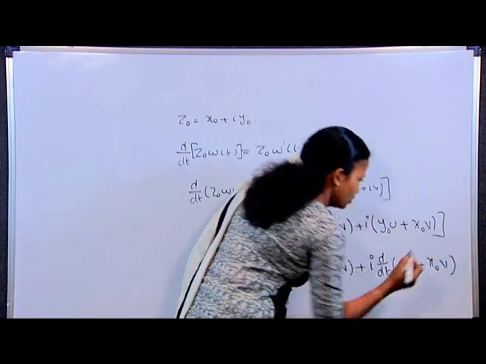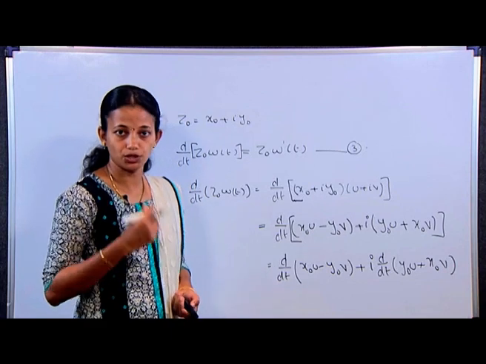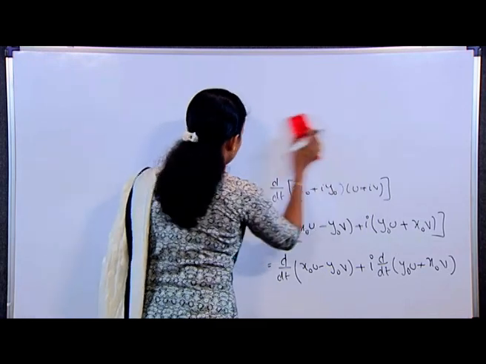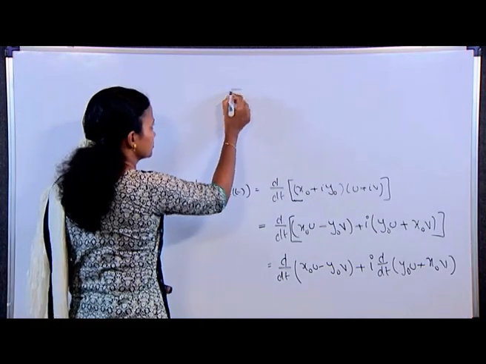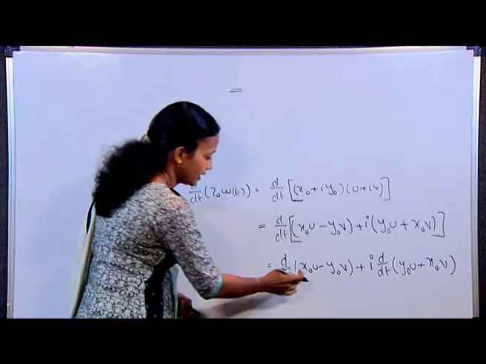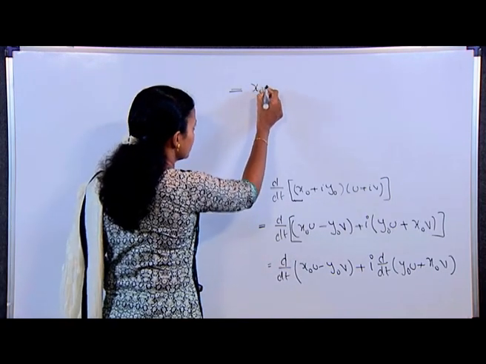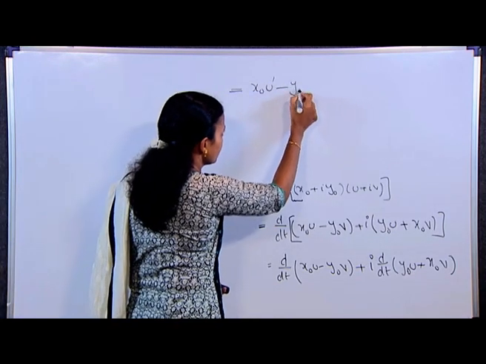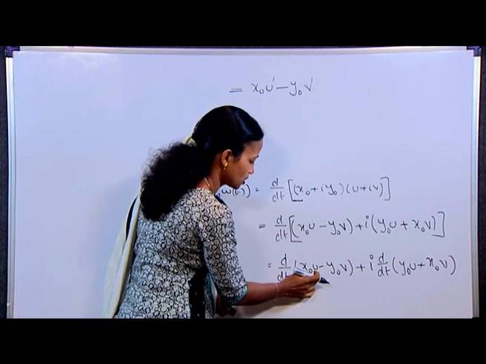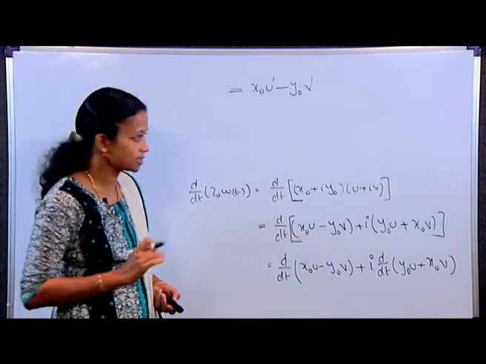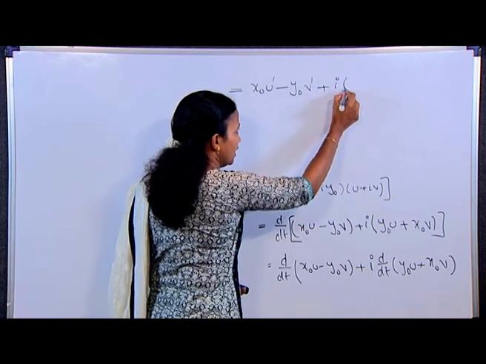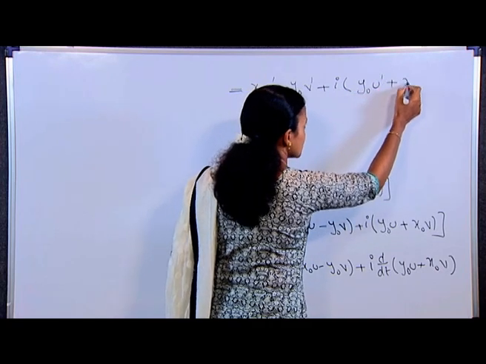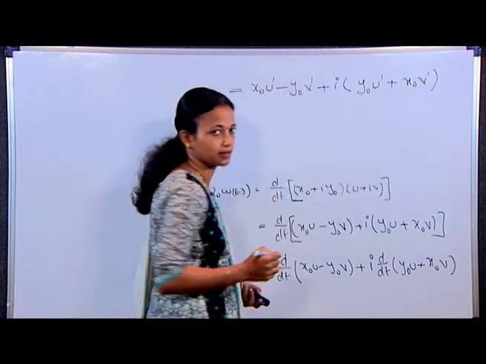using definition 2, which we can write as x0 u dash minus y0 v dash, the first term, plus i into y0 u dash plus x0 v dash.